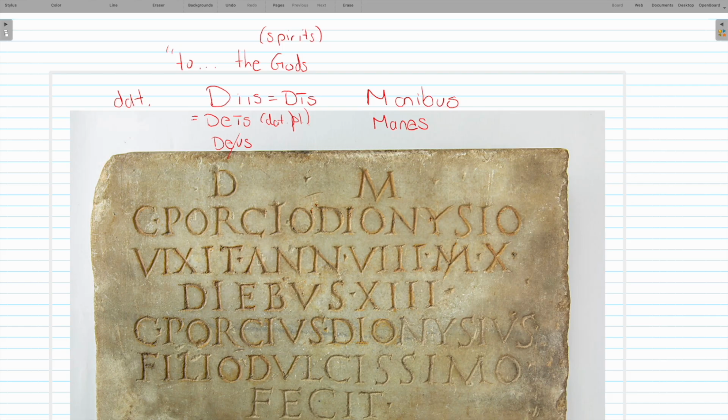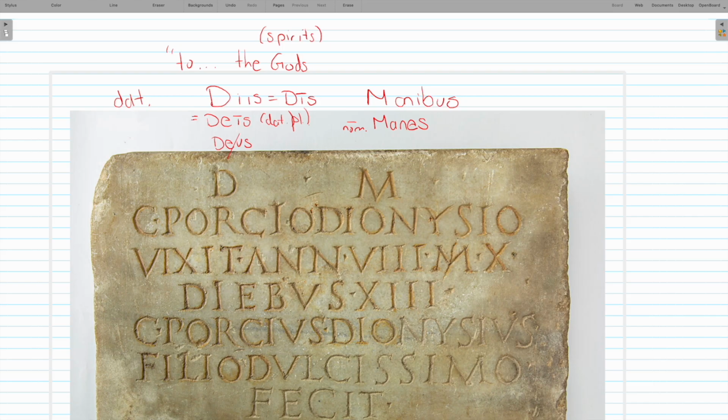That is, in the domestic cult, the ancient Romans used to pray and sacrifice to these manes here. This is the nominative form. To these manes that were the family ancestors, so to speak, the spirits of the ancestors. So this eventually became simply the spirit of the dead.